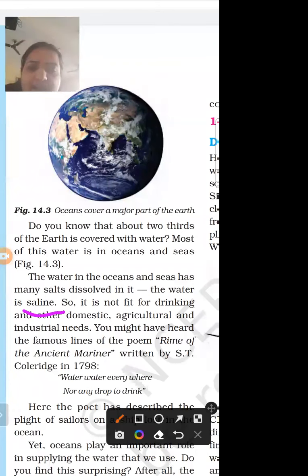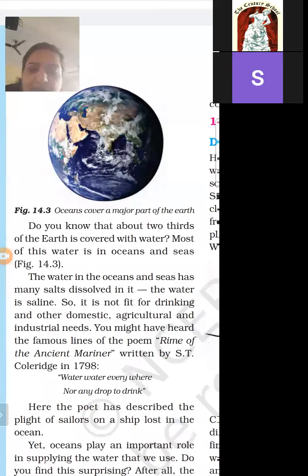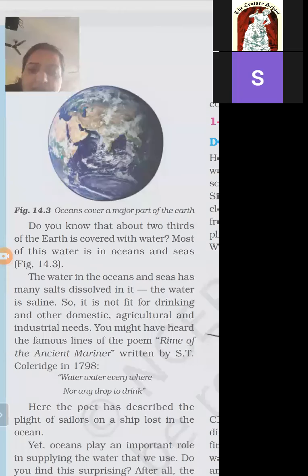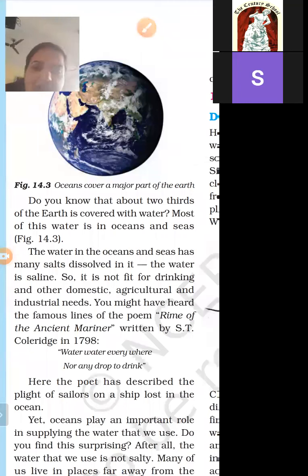You might have heard the famous line of the poem Rhyme of the Ancient Mariner, written by S.T. Coleridge in 1798. तो एक फेमस पोएम है, water water everywhere nor any drop to drink. हमारे आसपास पानी पानी है, बट nor any drop to drink, और पीने के लिए एक ड्रॉप भी पानी नहीं है. बिकॉज ओशियन और सीज में हमारा बहुत सारा पानी होता है, बट इट इज नॉट सुटेबल फॉर ड्रिंकिंग.